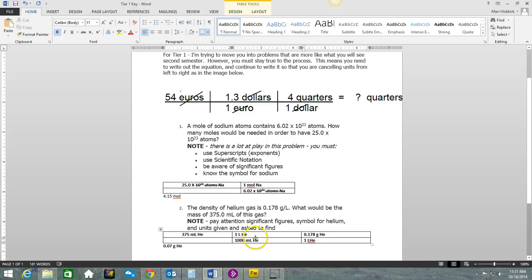This is the same answer. I would get the same answer because I'm multiplying by 1 and dividing by 1. So mathematically, that's no different.